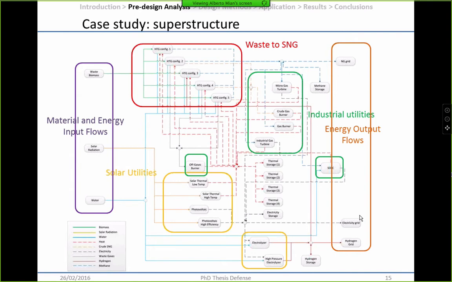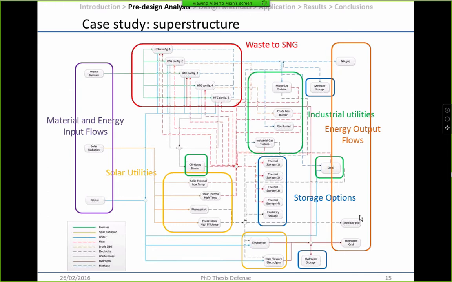We have, of course, the solar utility, so solar thermal at low temperature, at high temperature, photovoltaics, high efficiency photovoltaics, electrolyzers. And then, of course, since the problem is time dependent, I include a set of storage options, such as thermal storage, electricity batteries, hydrogen storage, and methane.